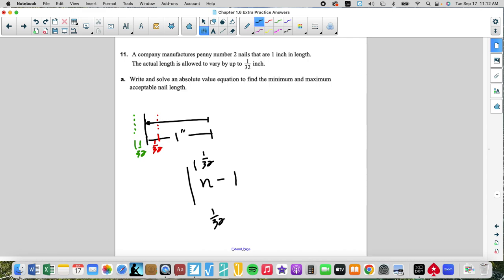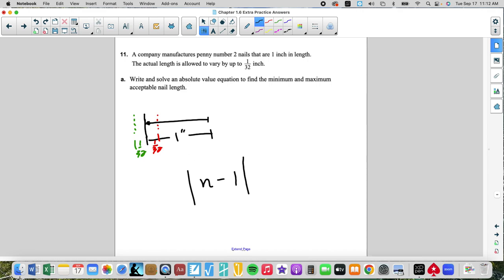That would be the extreme. The other value, the short value, would be 31/32. And what would that be? Minus 1 would give us negative 1/32, and then we do the absolute value, and that would be okay. We're all right with that? So this is an okay.